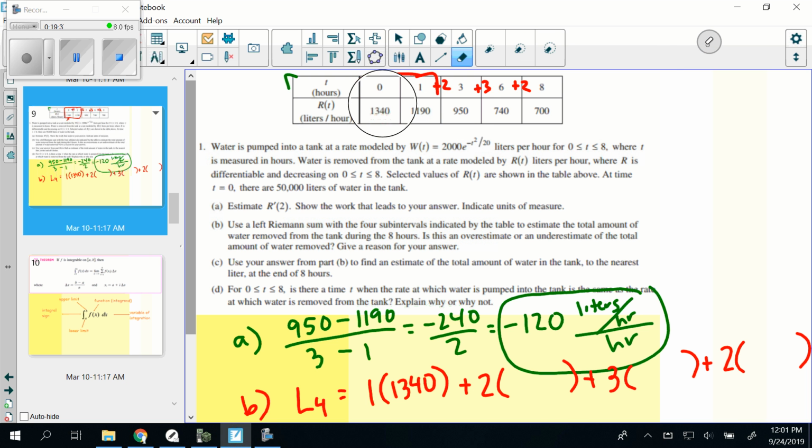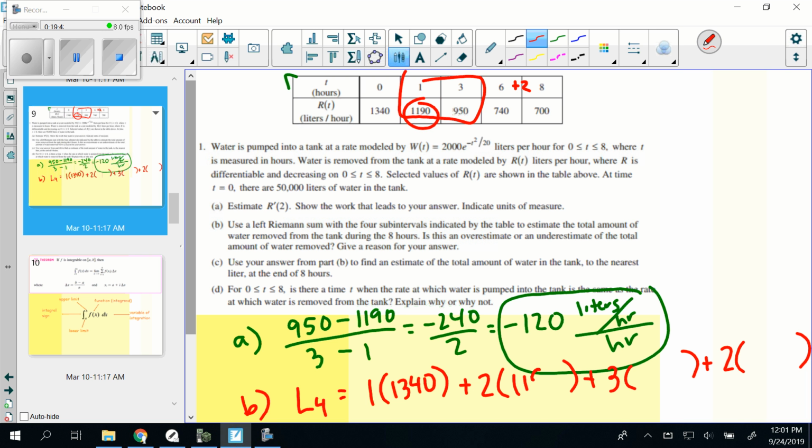On our next rectangle, that would include these two, this would be the height, because that's the left one. If it was the right one, again, we'd use that one. And if you keep going here, the next rectangle that includes these two, this would be the height, so 950. And finally, the last one, if you did the left one, that would be 740.